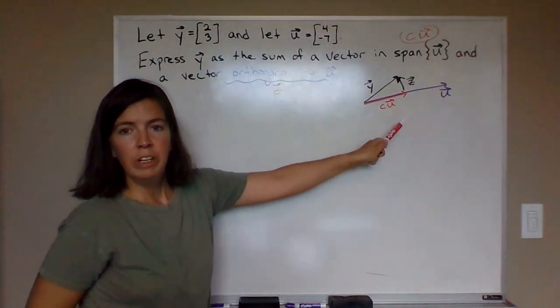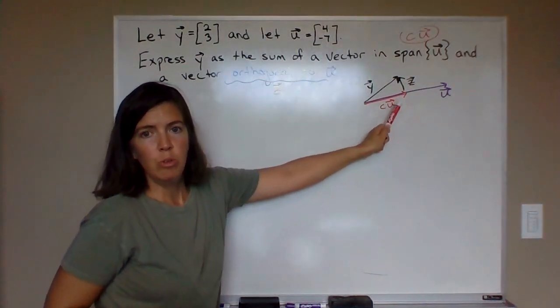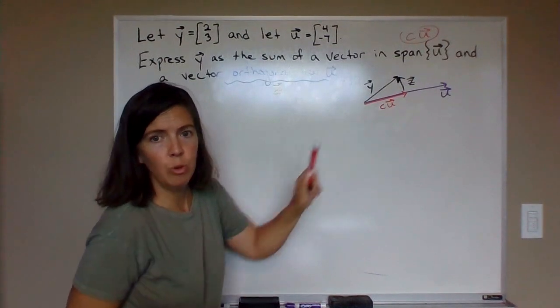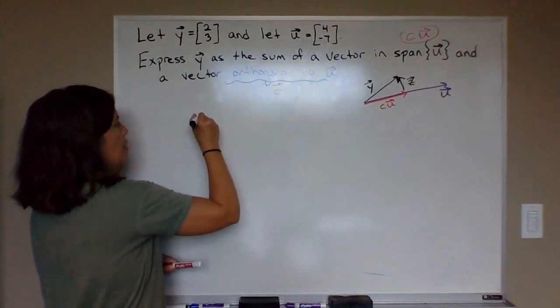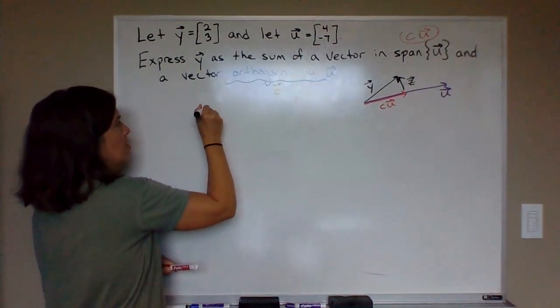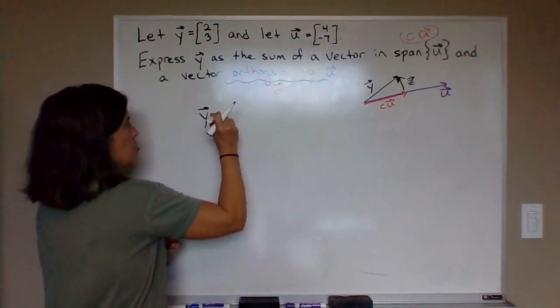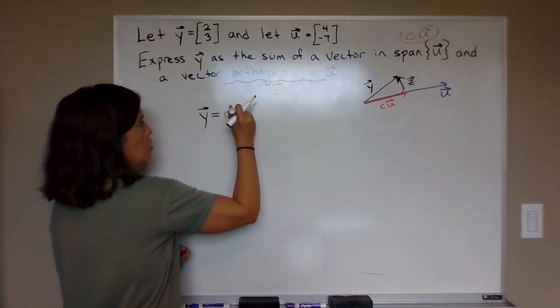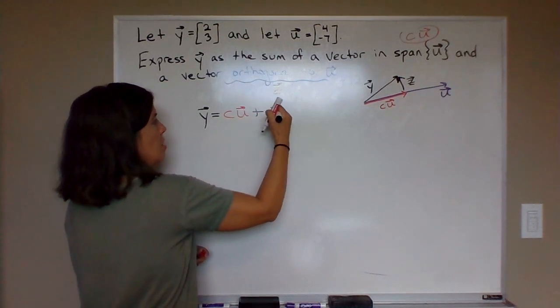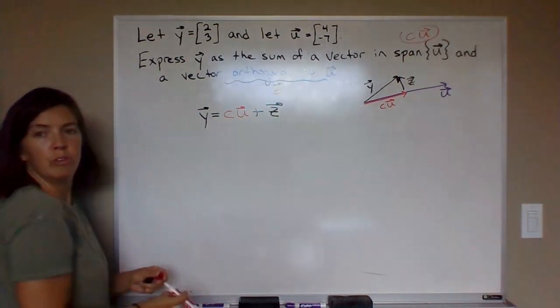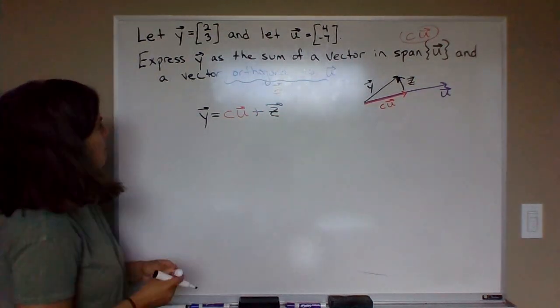Okay, so the goal here is to come up with these vectors cu plus z that's equal to y. And actually, let me write that equation. So we want to come up with vectors cu and z so that y is equal to cu plus z.